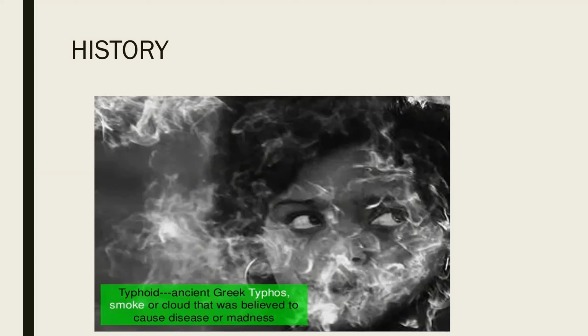In ancient times, the ancient Greeks called it typhus, a smoke or cloud believed to cause disease or madness. As we look at the clinical features, you will see that typhoid causes typhoid encephalopathy, and they may have neuropsychiatric complications. So they had that aspect and they thought it was madness.